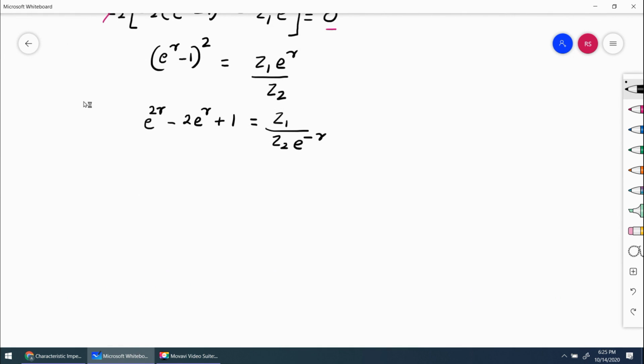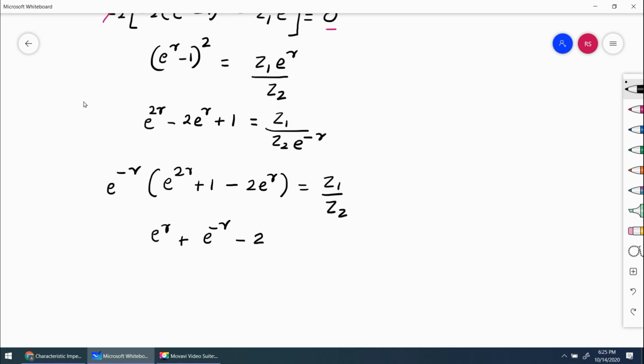Now rearranging the equations, I get e to the power 2 gamma plus 1 minus 2 e to the power gamma, times e to the power minus gamma, is equal to Z1 by Z2, or e to the gamma plus e to the power minus gamma minus 2 is equal to Z1 by Z2.